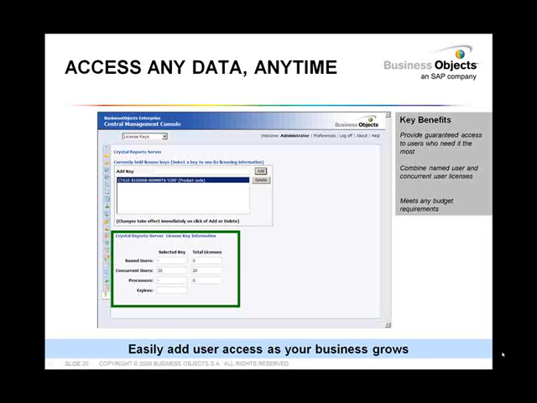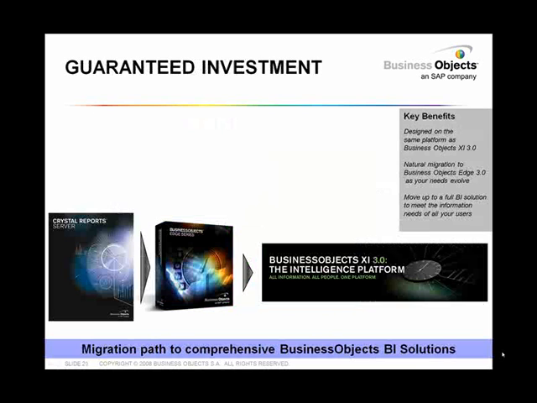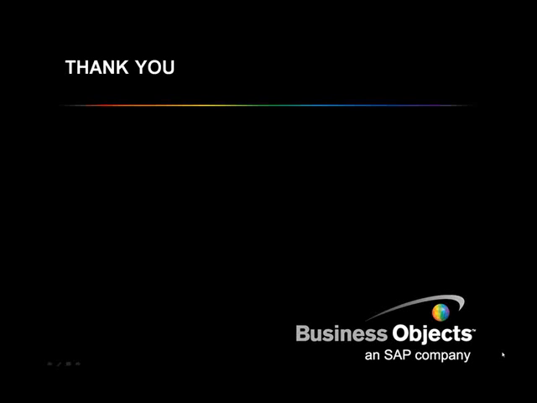Again, remember we talked about that flexible licensing capability. And the upgrade path is there for you, from Crystal Report Server to Business Objects Edge series right up to Business Objects XI 3.0 at the enterprise level. So you are in a position where you have a guaranteed migration path, which is important as you start thinking about how your business is going to grow as we start to come out of the current economic challenges.